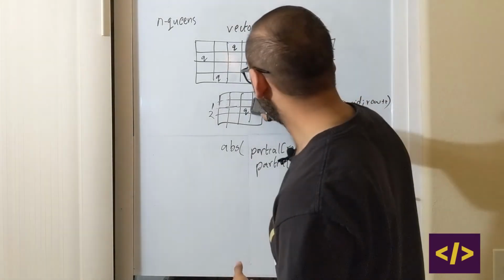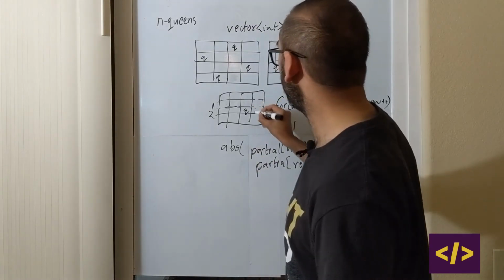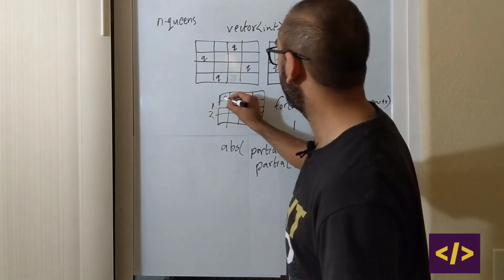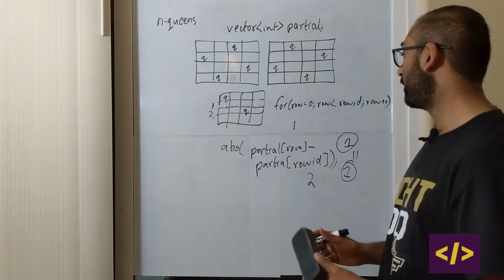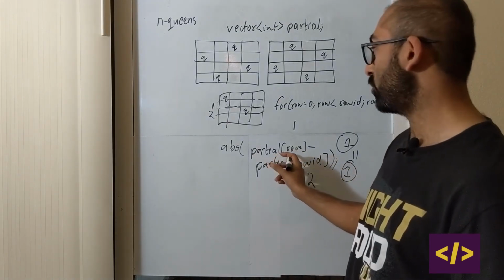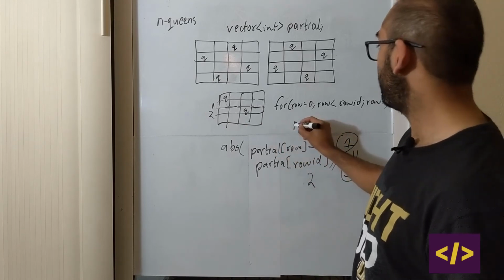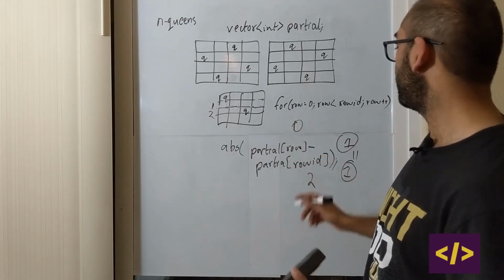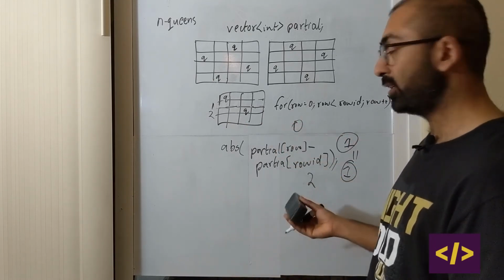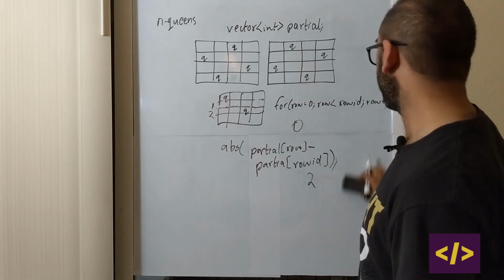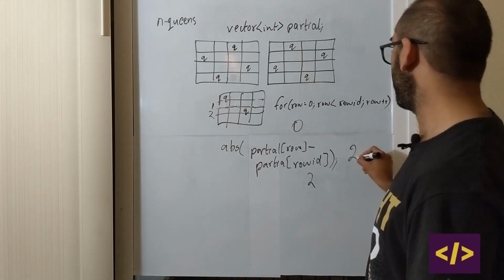Now let's say we put the queen over here. Let's look at our values. What's our partial of row? The value would be 0. And the row ID is still 2. So the difference will be 2.